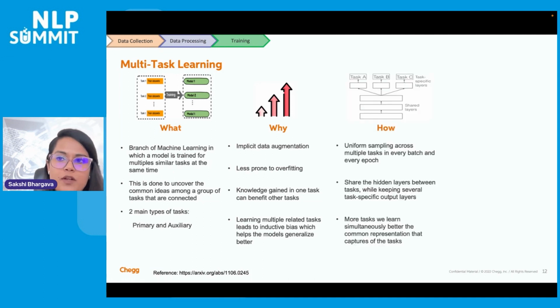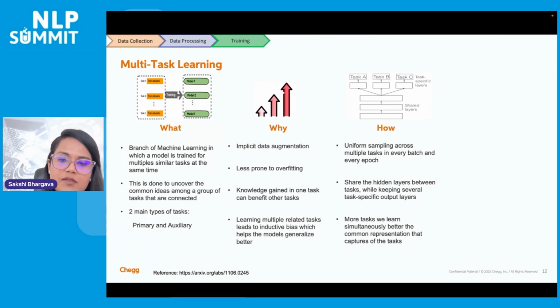Now moving over to how we do it. So we performed uniform sampling to collect almost the same number of data points for each of the tasks. Then what we do is we learn a common space representation by completely sharing weights and parameters between tasks for a few layers. This shared feature space is used to model the different tasks.